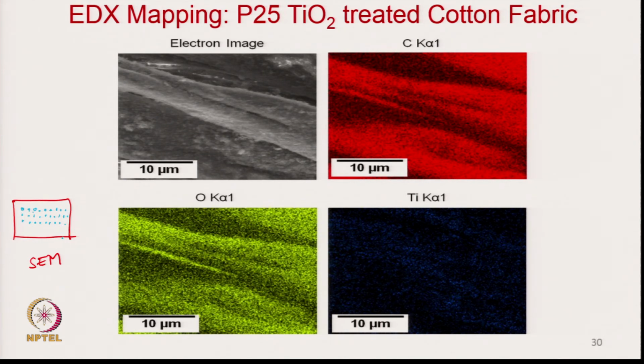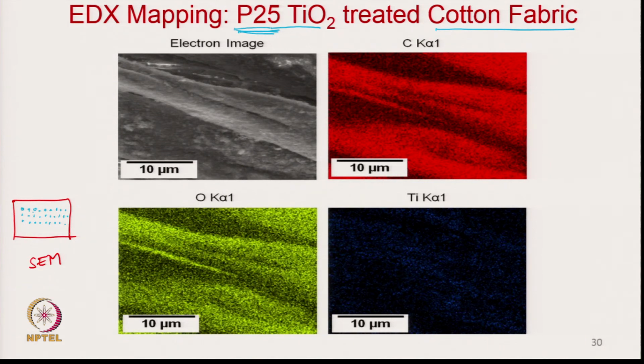This is called mapping. Here, for example, we have done a mapping of a cotton fabric which is treated with P25 titania. P25 is a trade name for commercially available nano titania of size 25 nanometer.